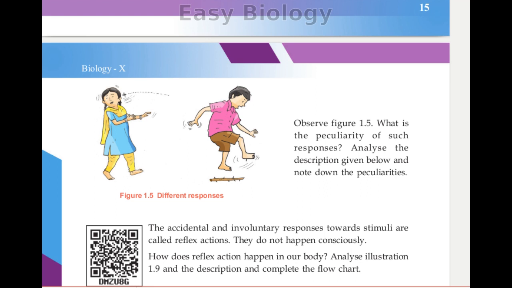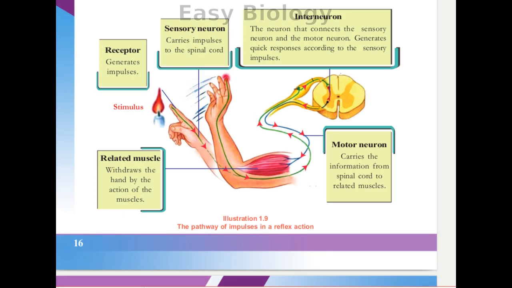The first step is the stimulus. The stimulus is received by the receptor and the receptor generates impulses. The sensory neuron carries the impulses to the spinal cord.